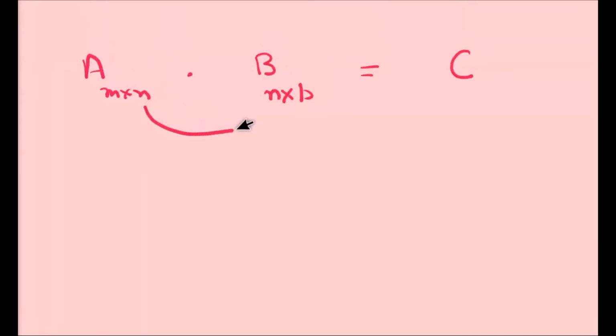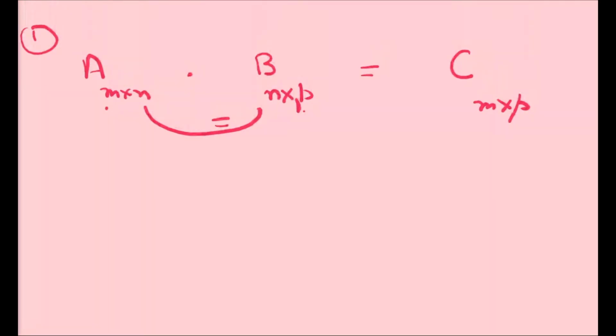If this is equal, then the resultant we can get is m into p. First check this order. Now if we are going to find the product of A into B, then it is equal to C. You can see here the number of columns of A should be equal to the number of rows of B, then the resultant will be of order m into p. Okay, this is the first law you have to check.